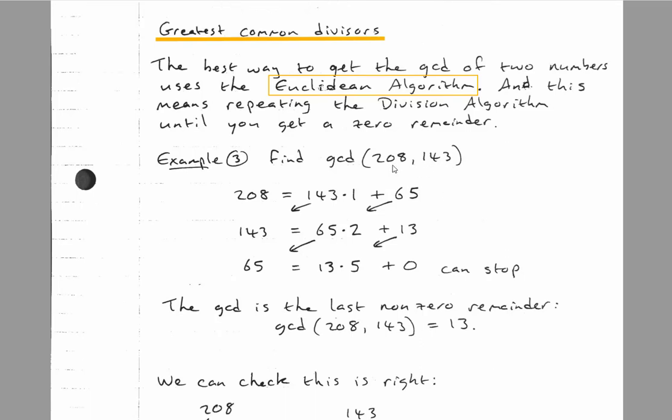Usually we want the first number to be bigger than or equal to the second number. So 208 divided by 143, the quotient is 1. The remainder is 65.